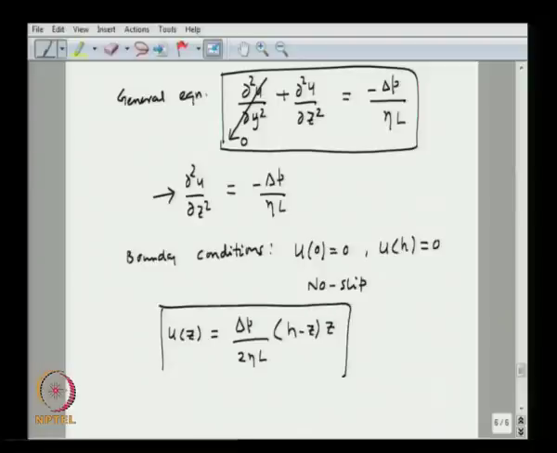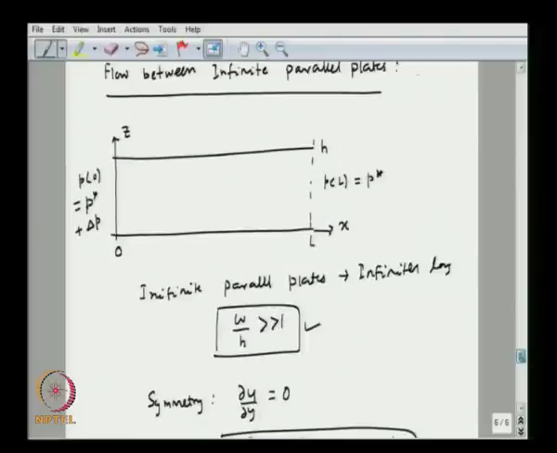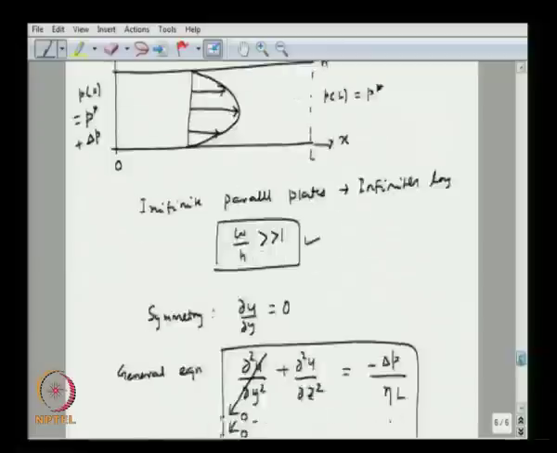So, this is a simple parabola. What it says is that the velocity profile would look something like this. Okay. So, it will have maximum at the center and it will reduce to 0 at the walls.